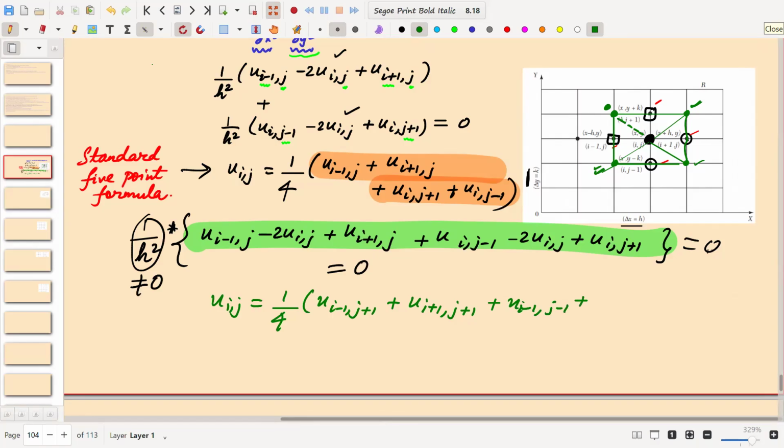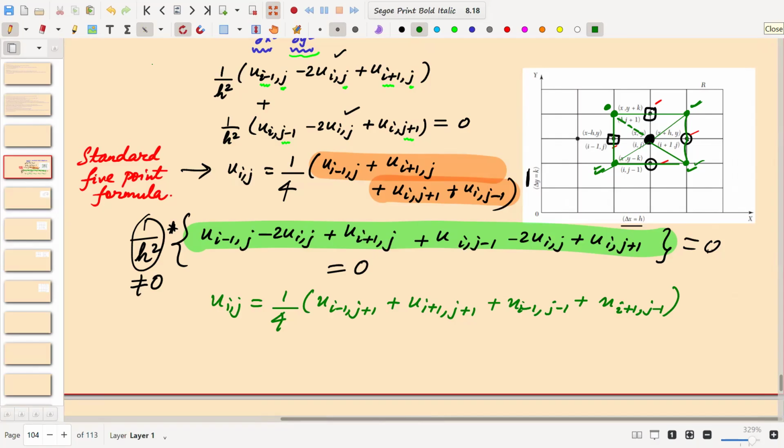Then this point: U i plus 1, j minus 1. So U i minus 1, j plus 1, U i plus 1, j plus 1, U i plus 1, j minus 1, and U i minus 1, j minus 1. So you have considered the diagonal points and taken the average.